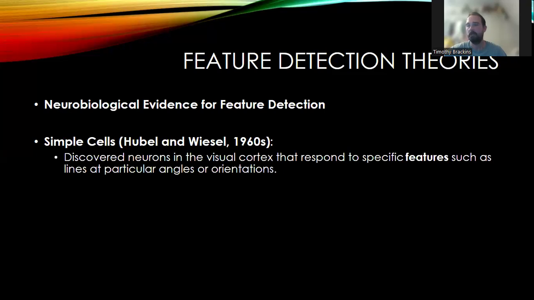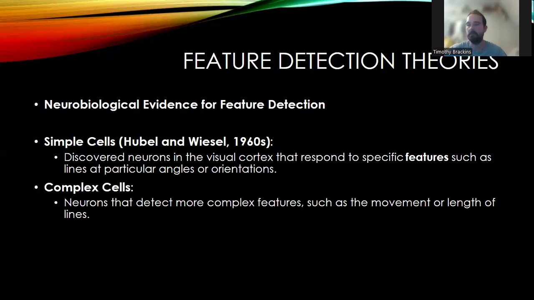And this was work by Hubel and Wiesel. It's a number of studies. They did a lot of work on this in the 60s and 70s, and they discovered neurons in the visual cortex that respond to specific features such as lines at specific angles and orientations. So when I talked about the simple cells and the complex cells, that's where a lot of this comes from, this early work where they found these cells.